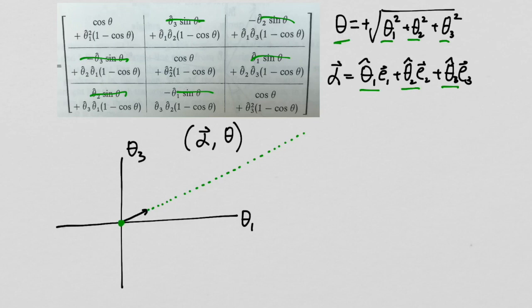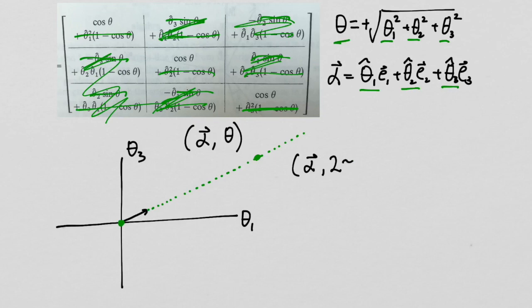The 1 minus cosine terms all go away too, so the off-diagonal elements are completely gone. And the on-diagonal elements only have cosine of 2 pi, and those are all 1. So if I go out far enough, I come back to the identity. And how far is far enough? Well, it's 2 pi. So I know that alpha bar 2 pi is the identity.